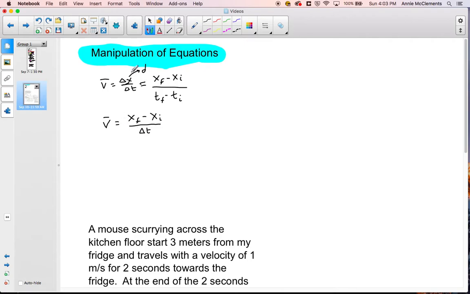So through some manipulations here, let's get another color going, right? I can solve for final position, right?